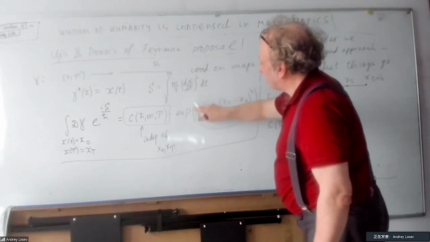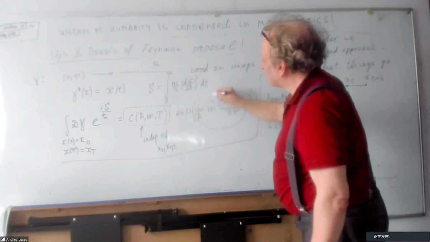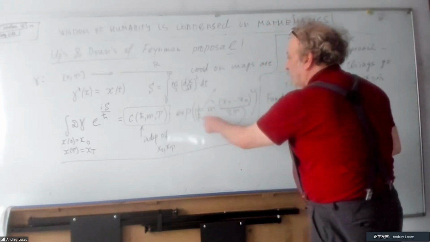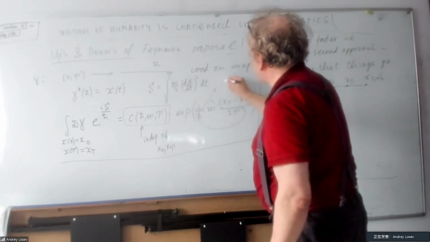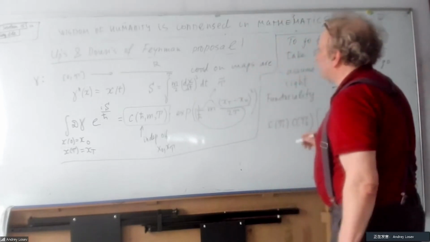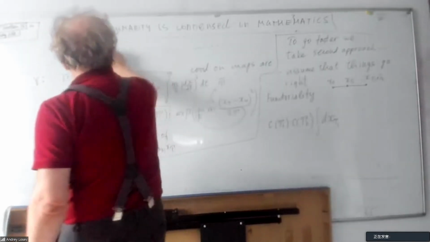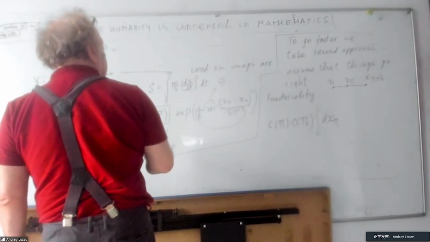Let me call this term m over h, 2t. Let me call it t tilde, to simplify notation.